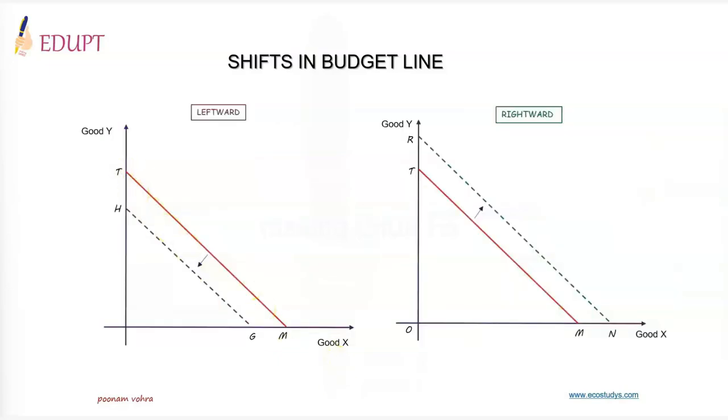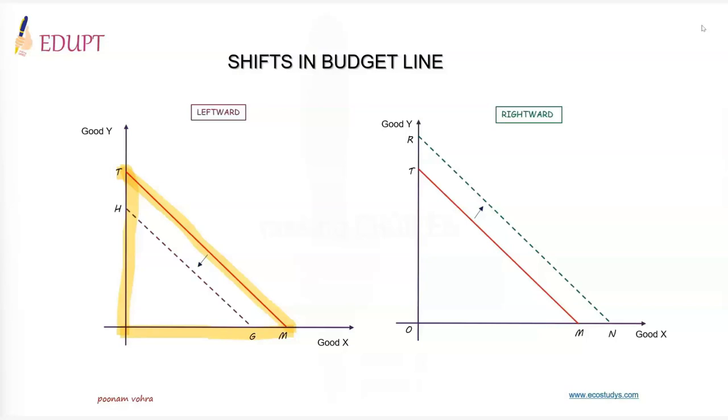Budget line TM shows that the consumer can purchase OM quantity of good X and OT quantity of good Y when there is no change in income or prices. Now suppose income of the consumer falls but prices of both goods remain same, or prices of both the goods rise but income remains same.